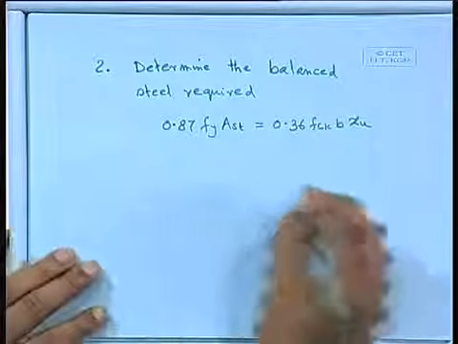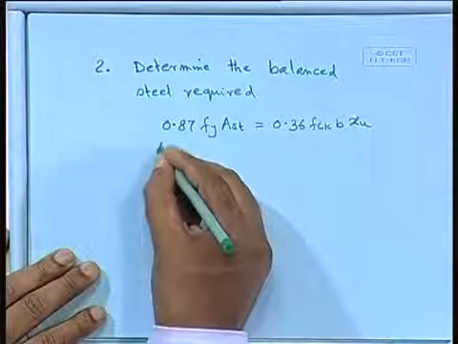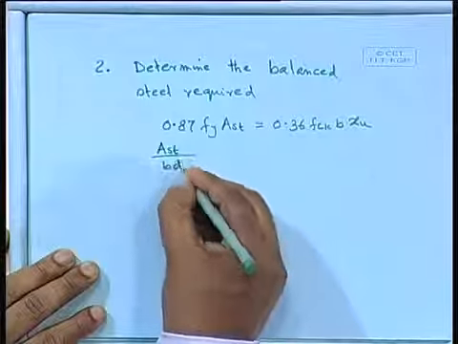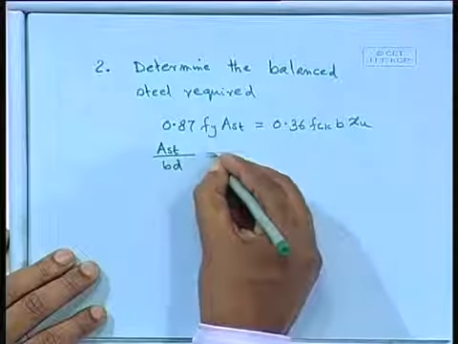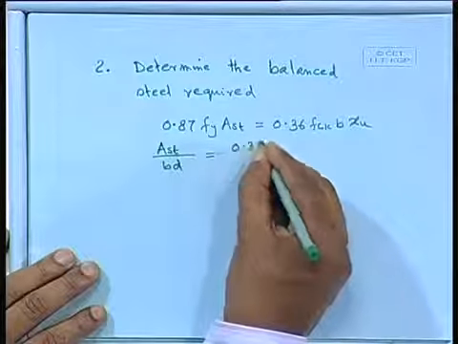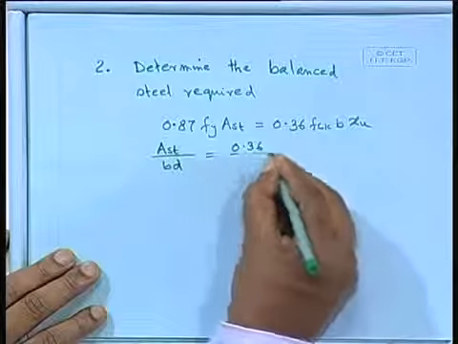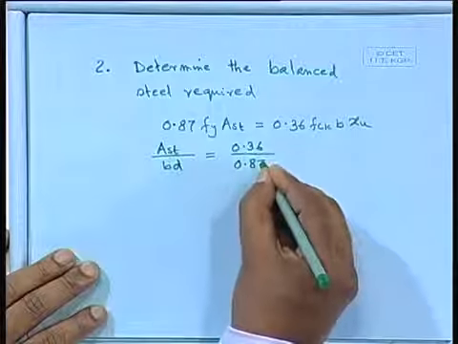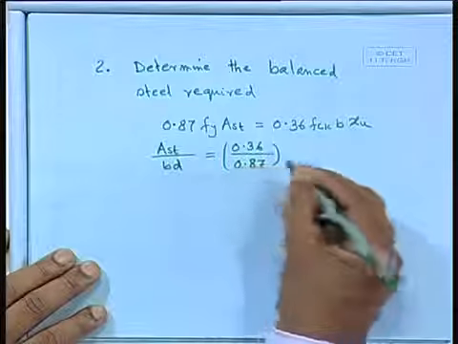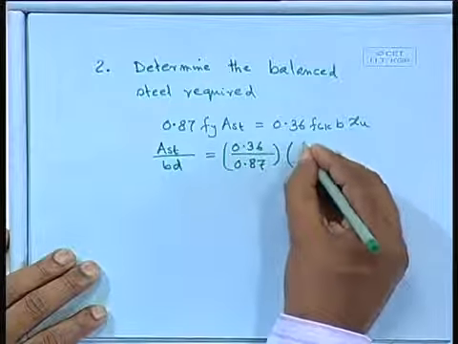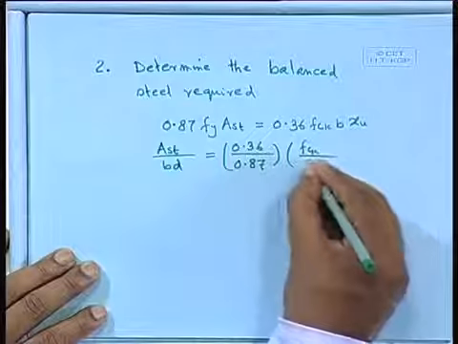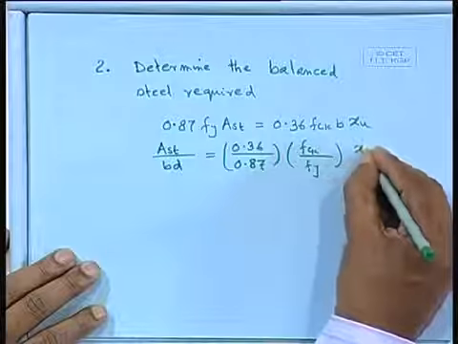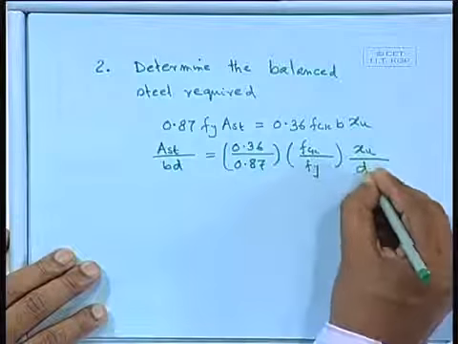We can write it as Ast by bd equals 0.36 by 0.87, just rearranging, times fck by fy times xu by d.